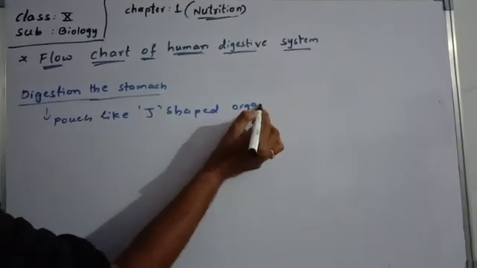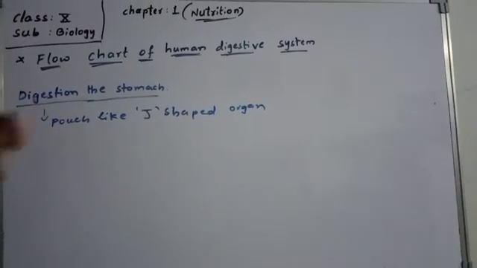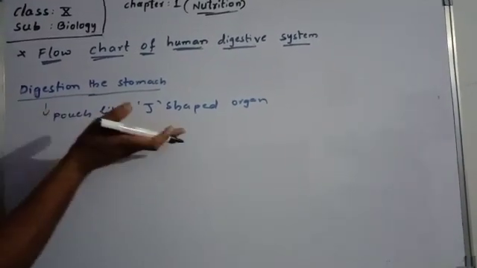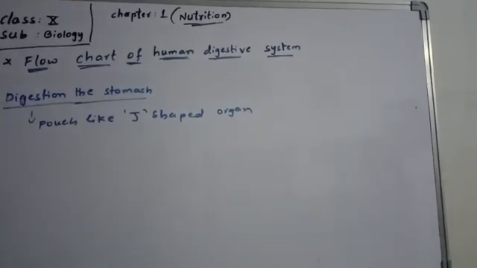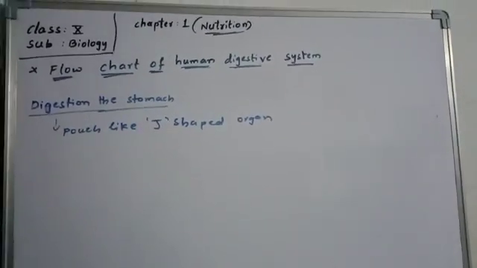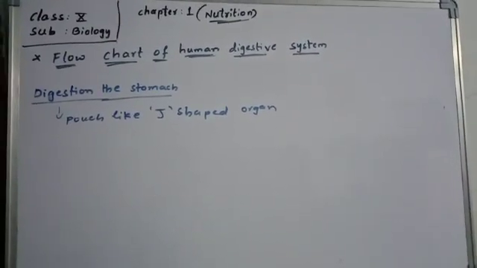You have to remember that the stomach is a pouch, and its shape is J-shaped. It secretes gastric juice for digestion of fats and other food.